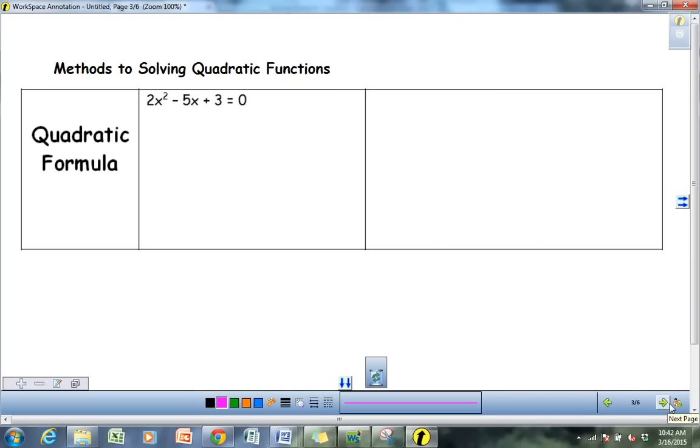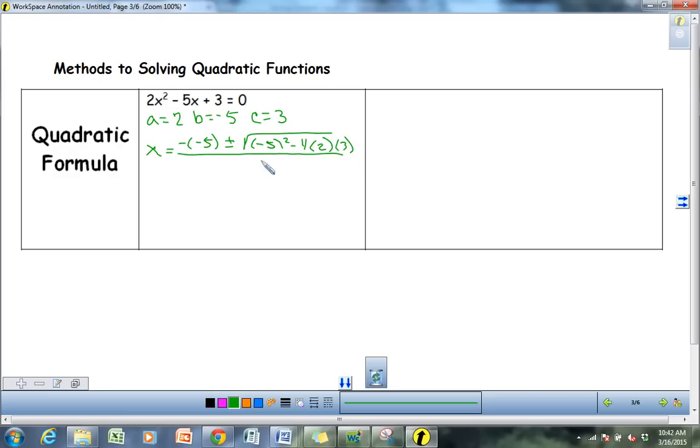Alright, next one. We have our quadratic formula. So, quadratic formula. First thing we have to do is label our A, B, and C. A is 2. B is -5. C is 3. So, x equals -b plus or minus the square root of b squared minus 4ac all over 2a.